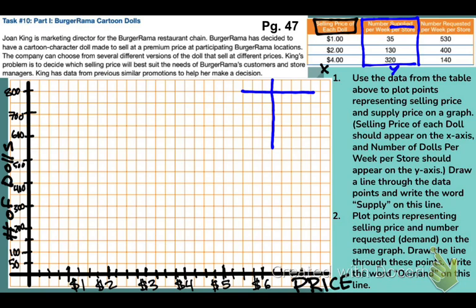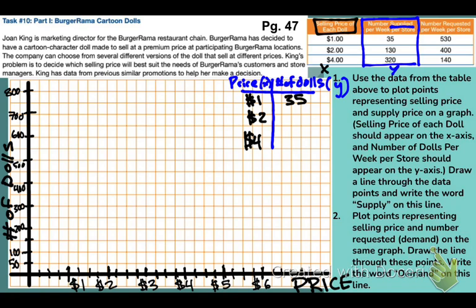So if this is my supply, I know my price is my x's, and my number of dolls, my y's. So I'm just going to rewrite what it says in the table. I have $1, $2, and $4.